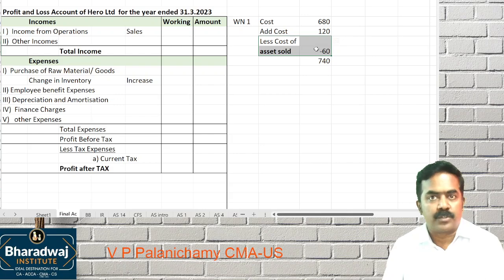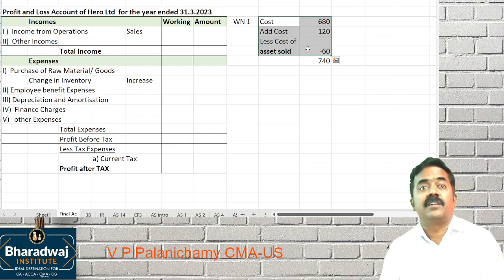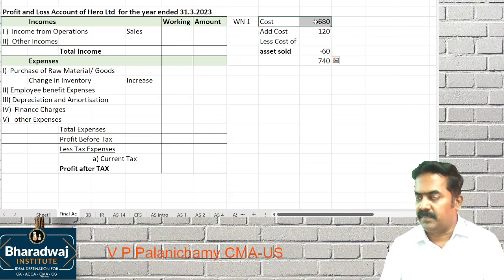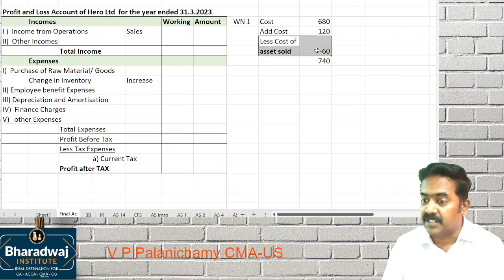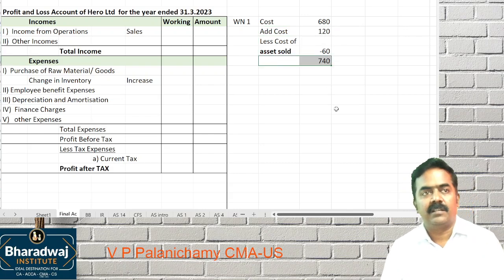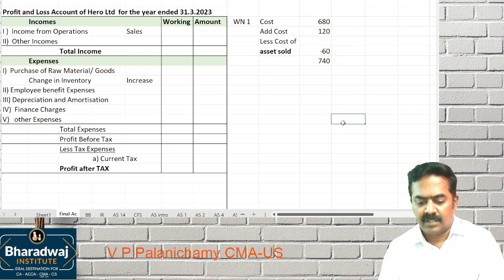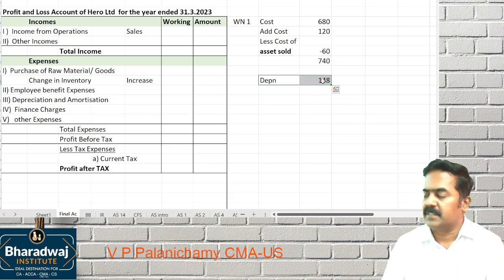Minus cost of the asset sold. Everything at cost because depreciation is on the cost of the asset. Cost of the asset is 680. We will charge full depreciation on the new asset purchased. We will not charge depreciation on the asset sold. So what is the cost of the asset? The base for depreciation, 740, on the 20%.